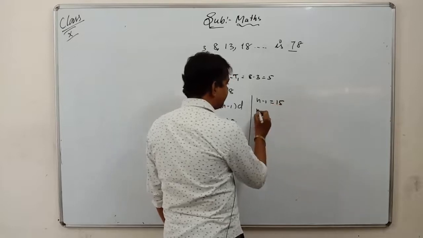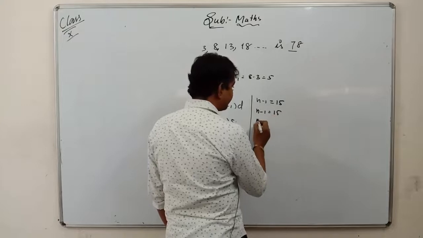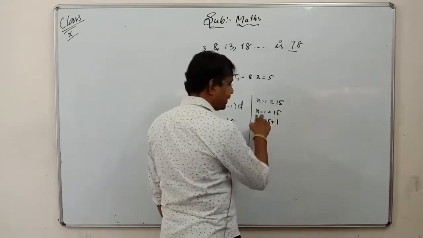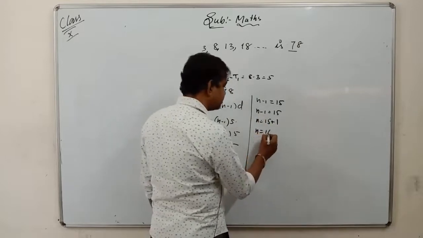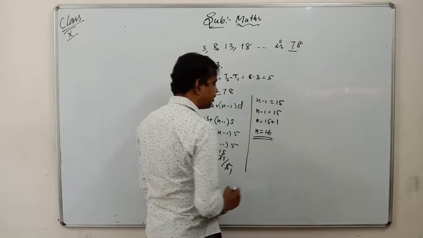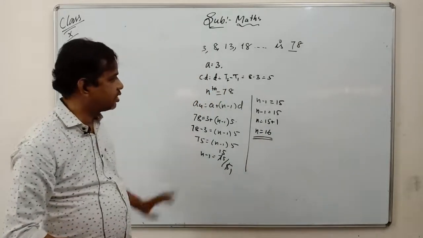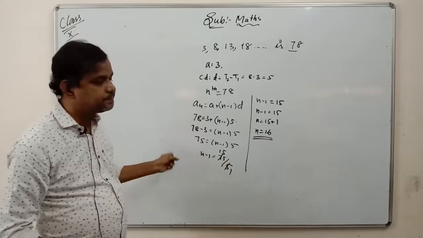So n minus 1 equals 15, n equals 15 plus 1, taking minus 1 to this side, so n equals 16. So the value of n is 16. This is how we have to go with the problems here. Okay, got it? Copy it.